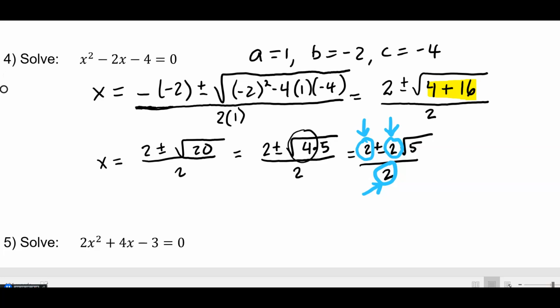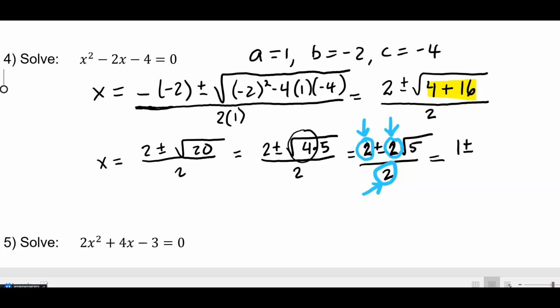Or the best way to say it is, can we divide these three numbers by the same number and reduce it evenly? Can 2, 2, 2 be divided by a number and reduce? Yeah, of course, it will be 2, right? So what we do is we divide this 2 here by 2, that'll be 1 plus or minus.